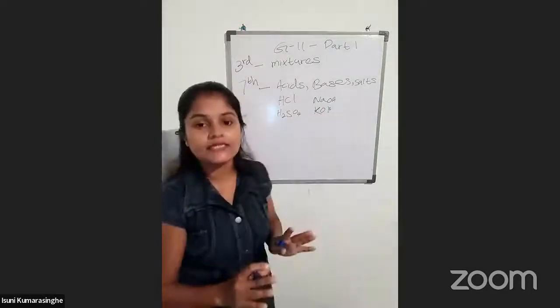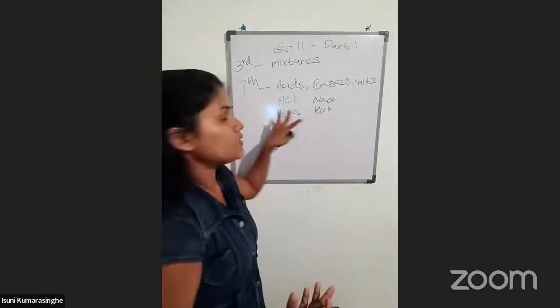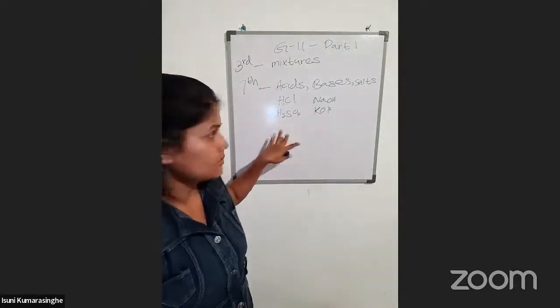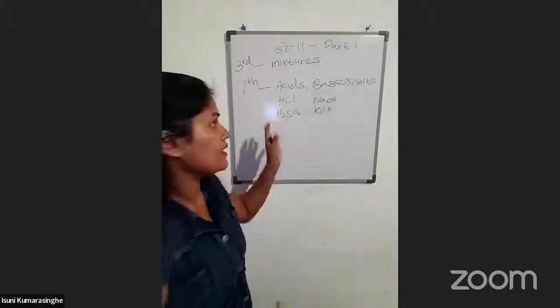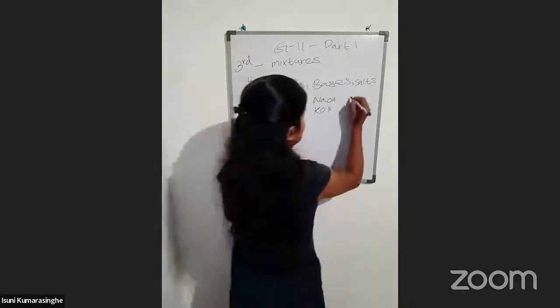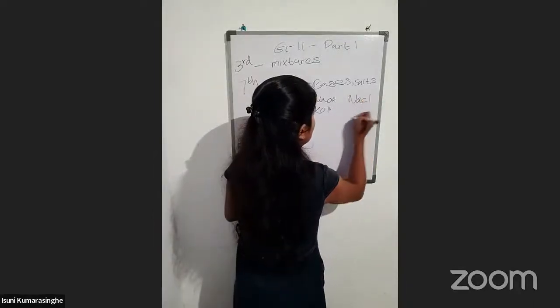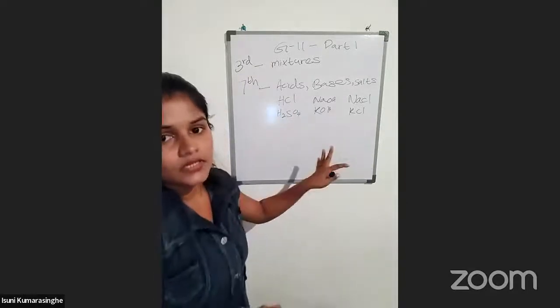Their basicity differs from one base to another, and acidity is the same. So you have to have a proper idea about those things and their reactions. Let's say a salt. What is a common salt? Sodium chloride, potassium chloride.